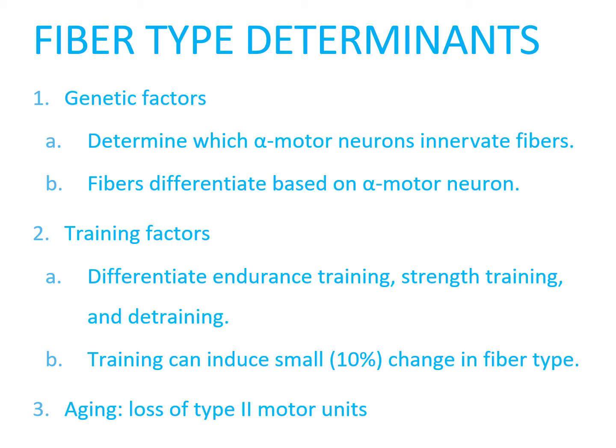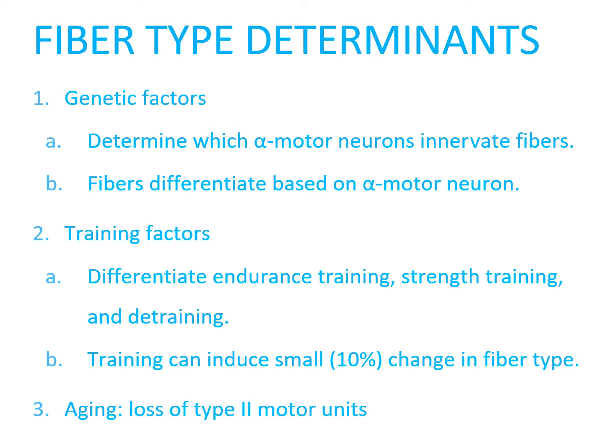However, there are also training factors that affect muscle fiber type. When you train, you start to differentiate your endurance training, strength training, and detraining, and this will impact the ability for our muscle fibers to do work for us during exercise or physical activity. Our training can induce very small changes within our muscle fiber type.